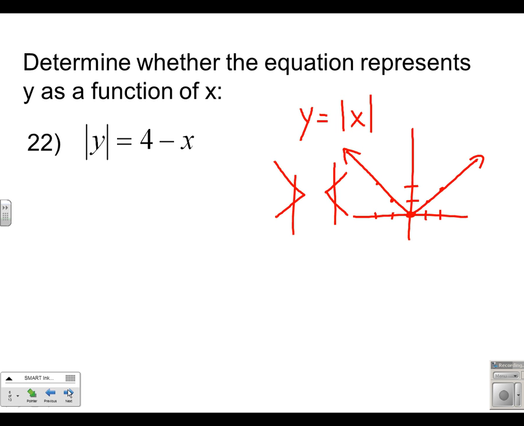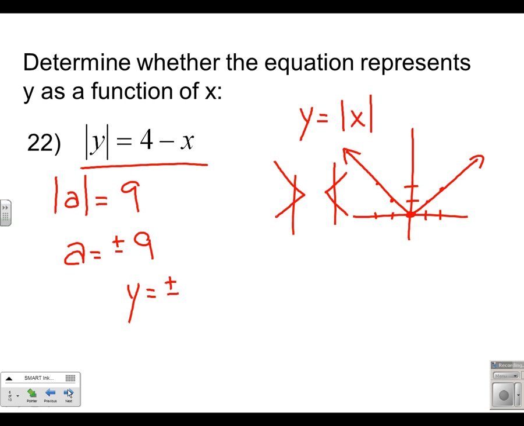Now, in solving this for y, what if we had something like this? Let's say absolute value of a equals 9. If absolute value of a equals 9, then a could equal plus or minus 9. So it stands to reason if absolute value of y equals 4 minus x, y equals plus or minus 4 minus x, and there we have it.